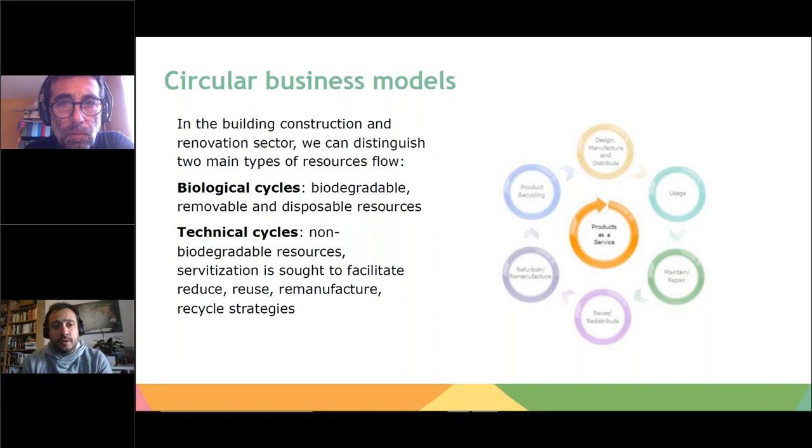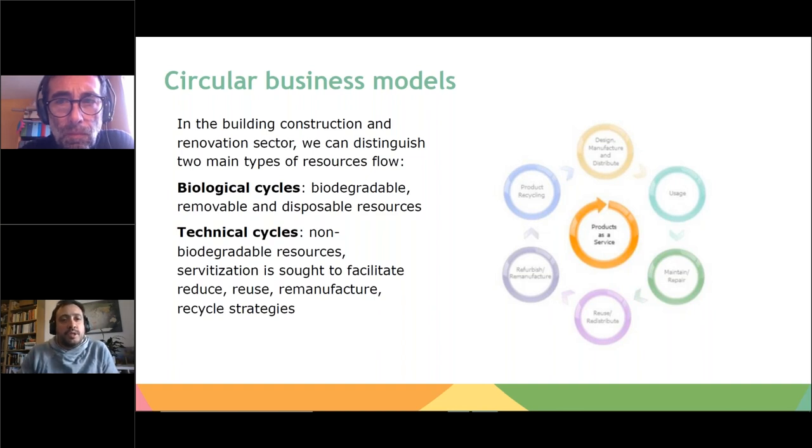In building construction, that will be the main case, because the materials for building construction include metallic materials, ceramic materials, lots of materials that cannot be easily biodegraded or removed, and also the building is designed to last 100 years if possible, or more.